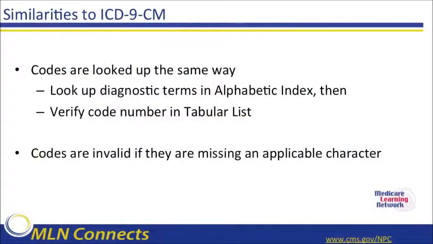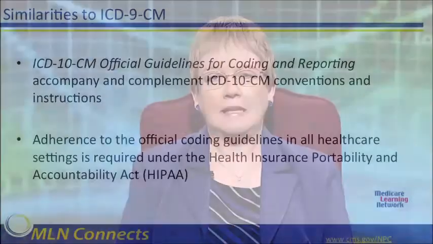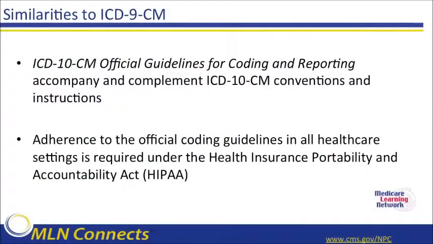Codes are looked up the same way in ICD-9-CM and in ICD-10-CM, and in both code sets, a code is invalid if it is missing an applicable character. Just as with ICD-9-CM, official guidelines for coding and reporting accompany the ICD-10-CM conventions and instructions, and adherence to these guidelines is required under HIPAA.